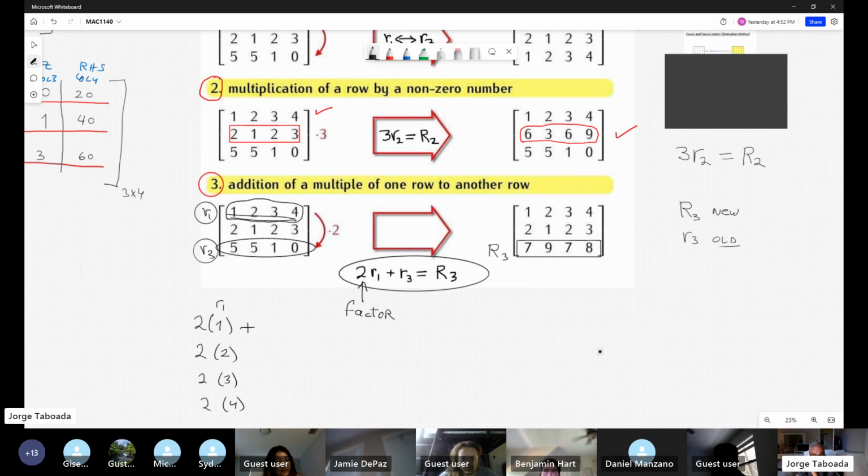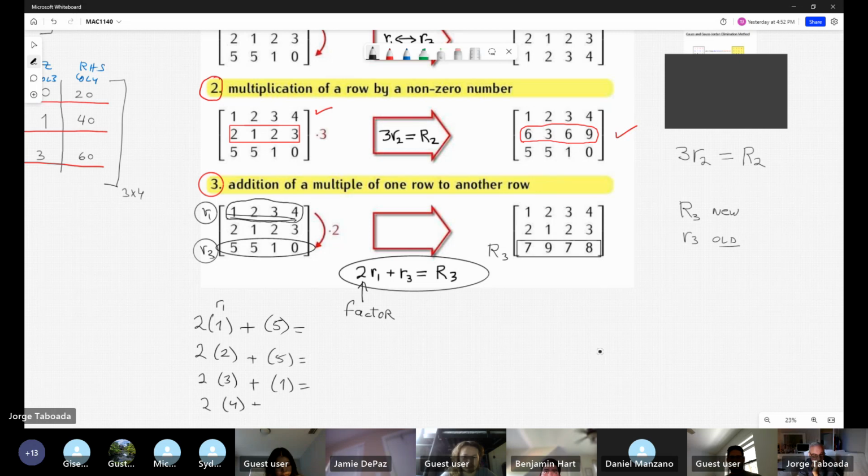Plus, according to the row operation, row 3, and row 3 in the original matrix is 5, 5, 1 and 0. Okay, is this guy. When you compute that, the answer is 7, 9, 7, 8.